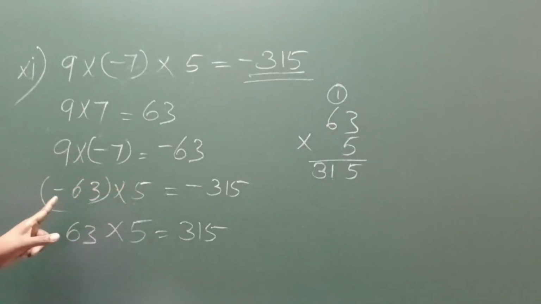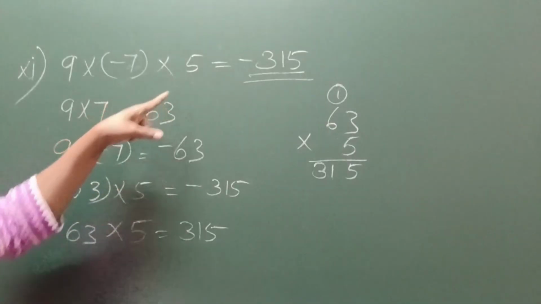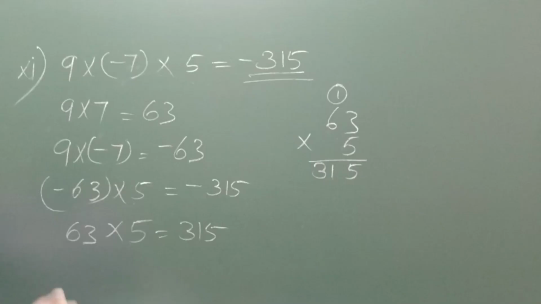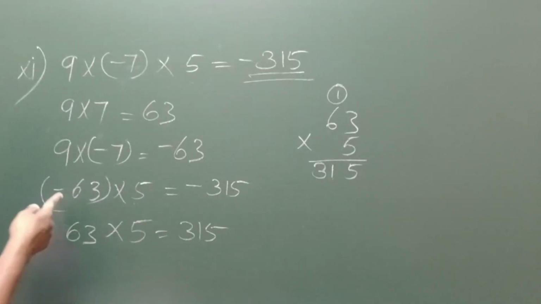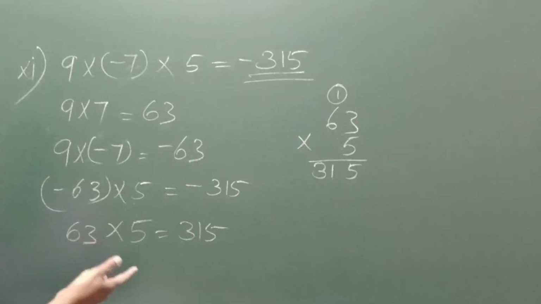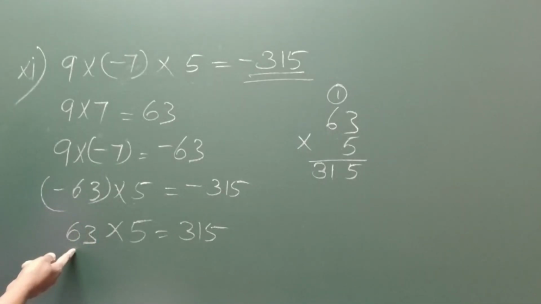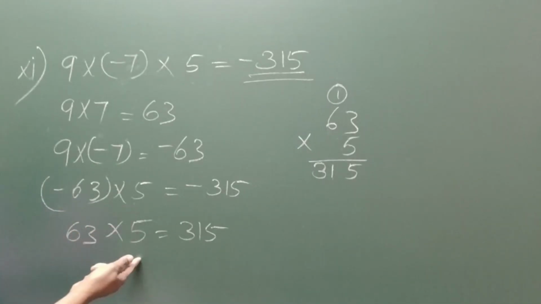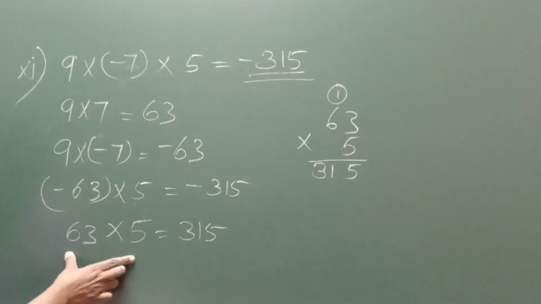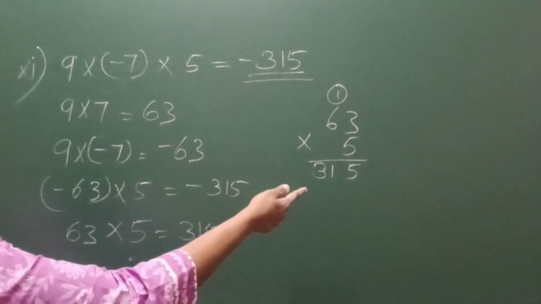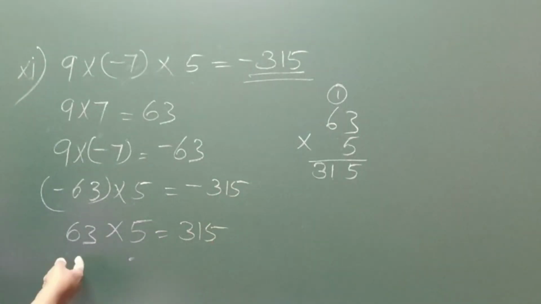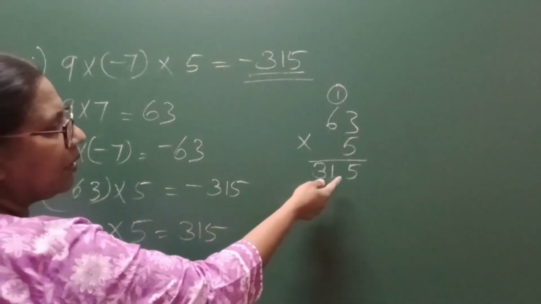After getting that minus 63, again we have to multiply by 5. Here again one is a negative integer, so we have to find the absolute value of both and then multiply. So minus 63's absolute value is 63, 5 is 5, both positive. Then we have to find the product of this. 63 into 5 we got 315.